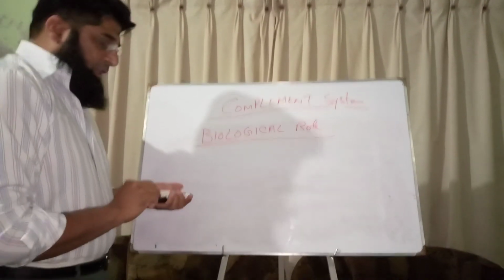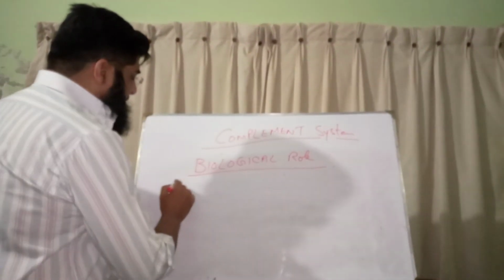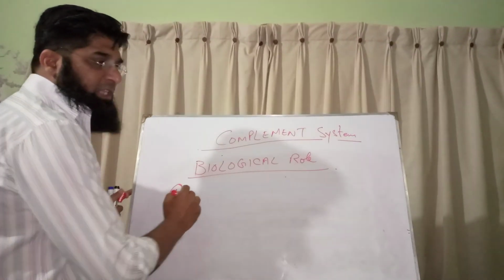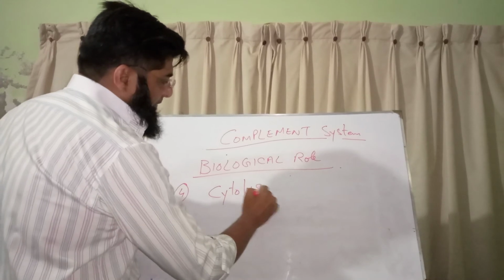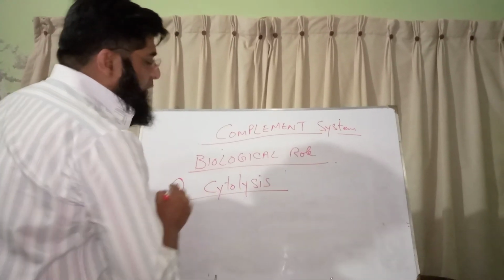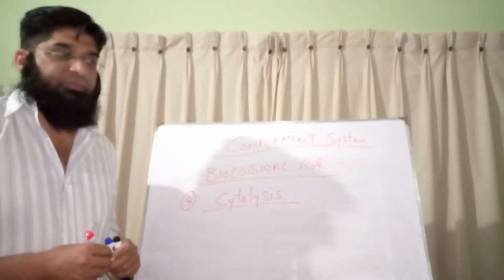Now, the fourth biological role or function of the complement system is cytolysis. Cytolysis means breakdown of cells.